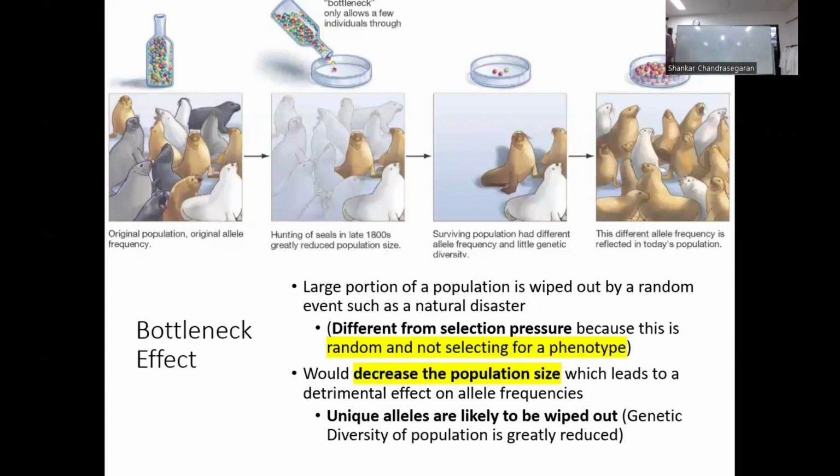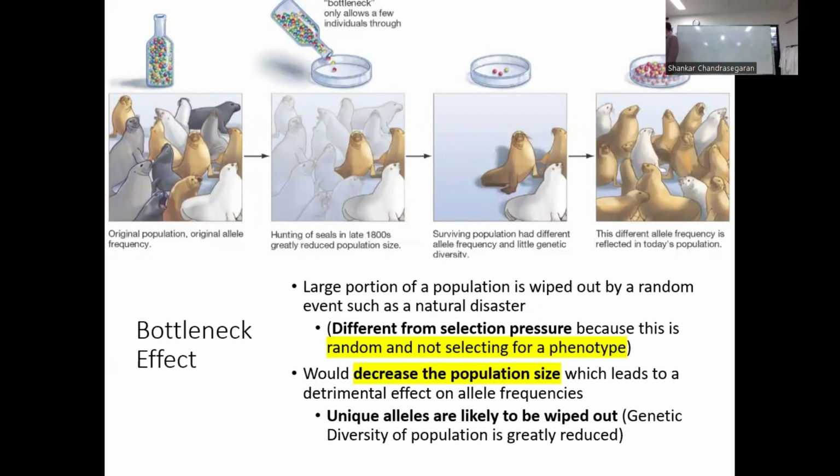Their numbers were greatly reduced, leaving behind only a small surviving population, and thus the allele frequency has greatly changed from the original one, because whatever genetic diversity used to exist changed a lot due to the random hunting of seals. Whatever is left is going to determine the allele frequency of the population in the future as well.